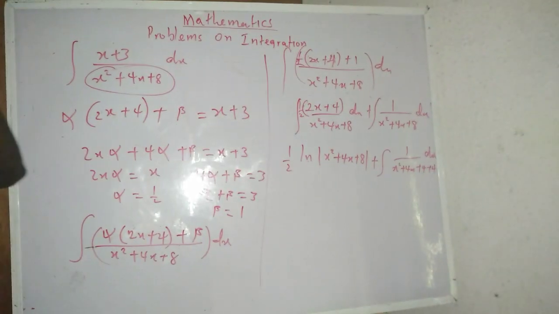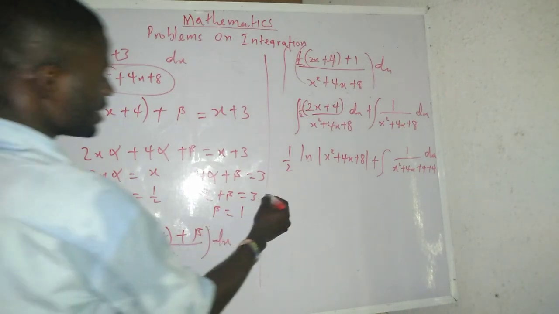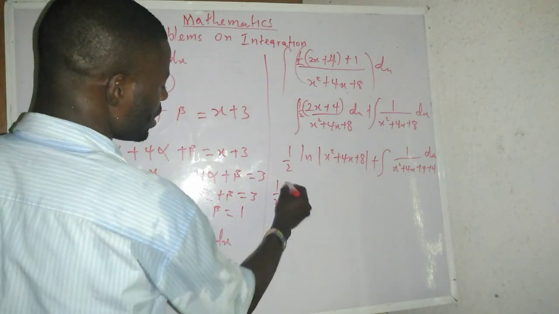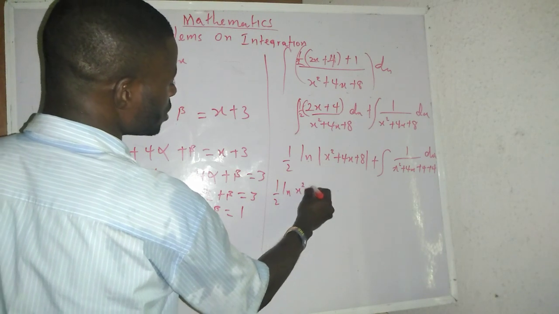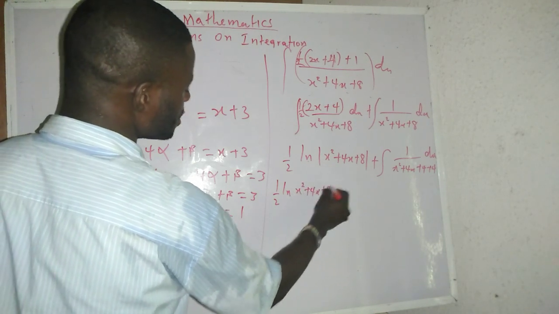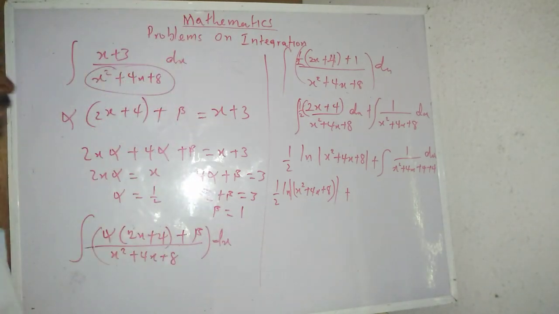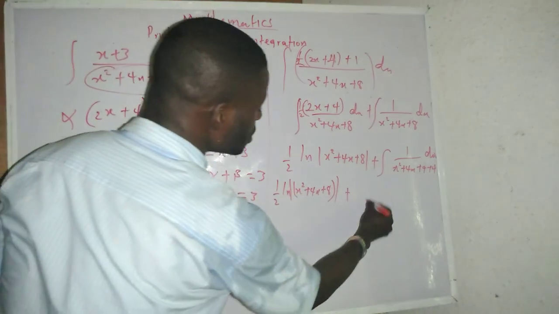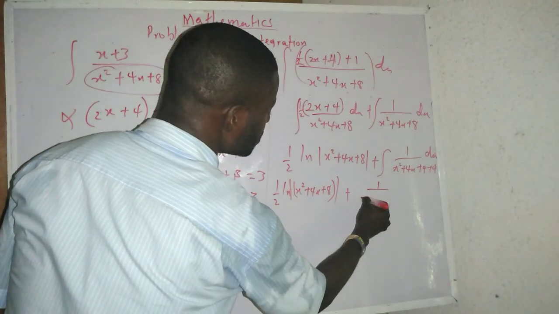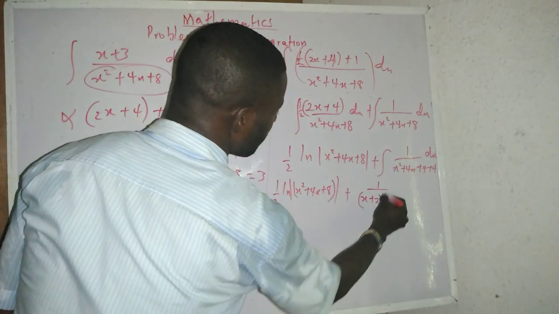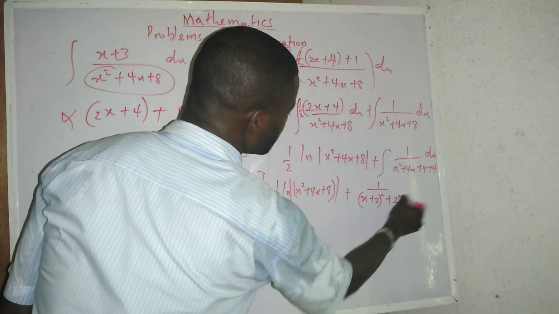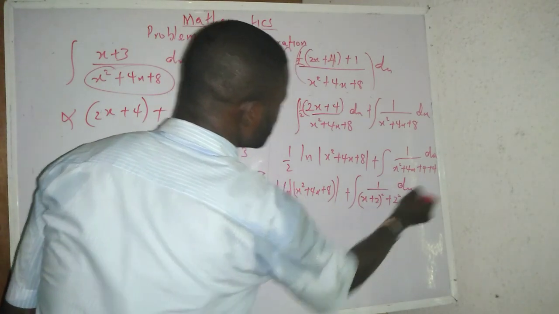Now, 4 plus 4, I can factorize the other side, which I have 1 all over 2 ln x squared plus 4x plus 8, absolute. It's good to put absolute value because there's absolute value there. Now, this one will be what? 1 all over x plus 2 squared dx.